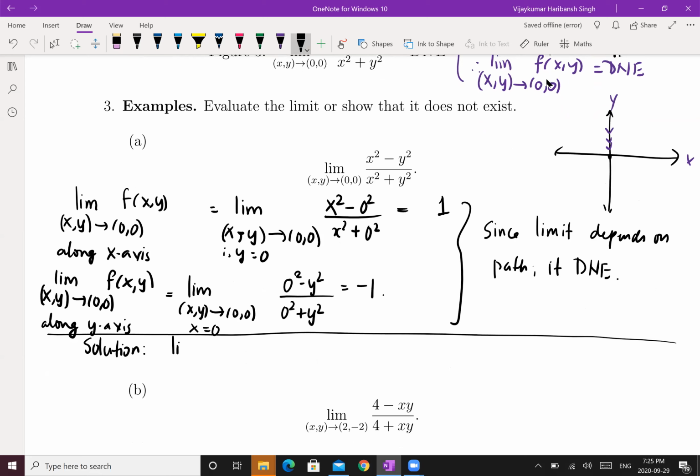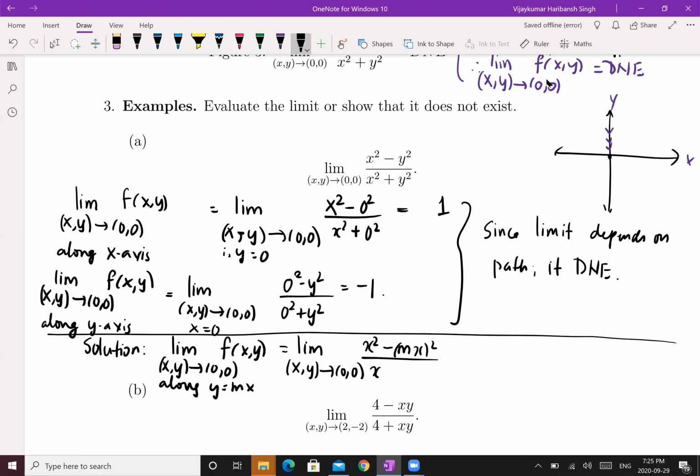Now the limit as (x,y) goes to (0,0) of f(x,y) along y equals mx, because that's a path which goes to (0,0). Going along the line y equals mx, instead of y, I'm going to write mx. So I get (x squared minus m squared x squared) over (x squared plus m squared x squared).